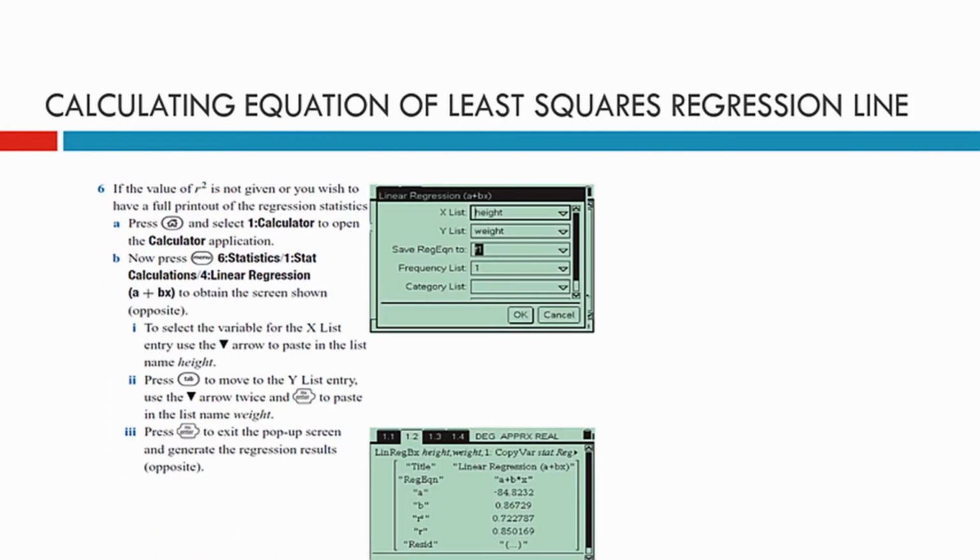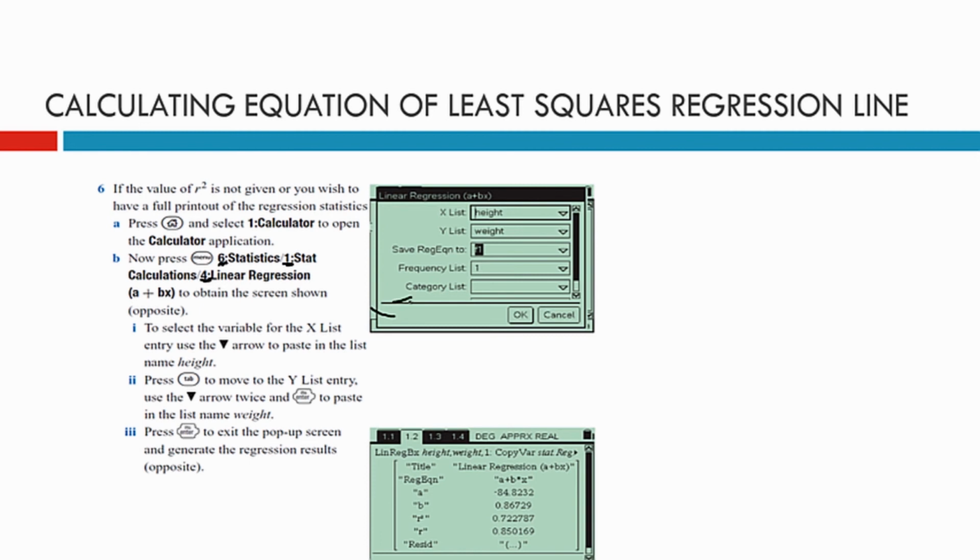If the value of R squared is not given, or if you wish to have a full printout of the regression statistics, then you can follow these steps. Press Home, select the calculator to open the calculator application. Now press Menu, Statistics, Stat Calculation, Linear Regression, A plus BX, and you'll see the screen come up.